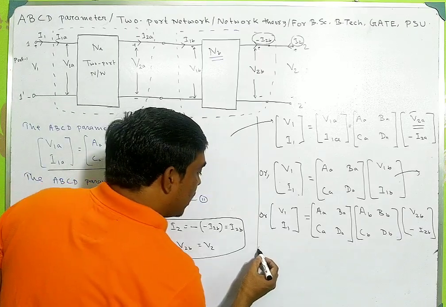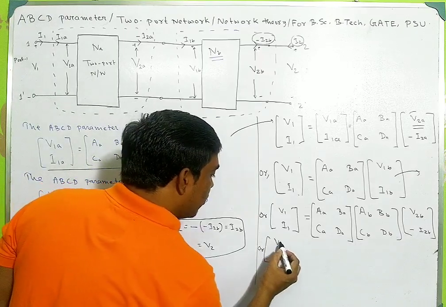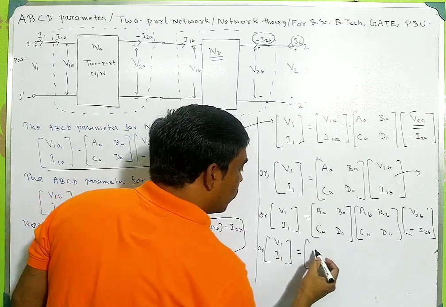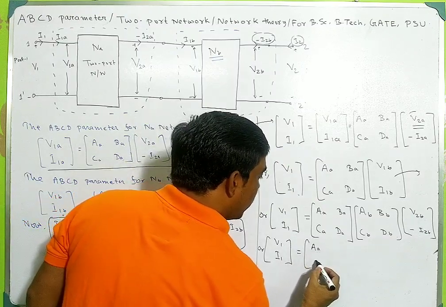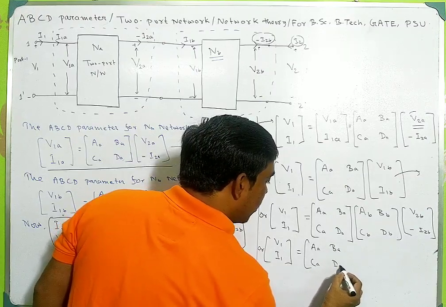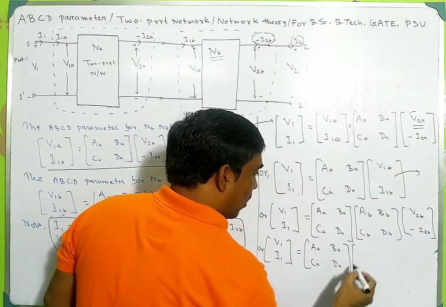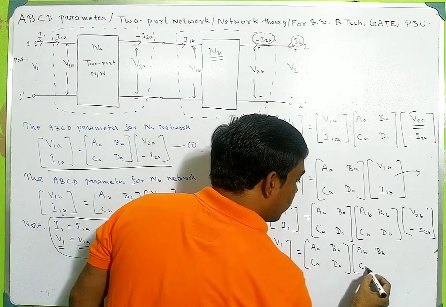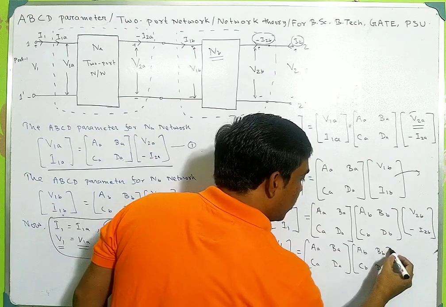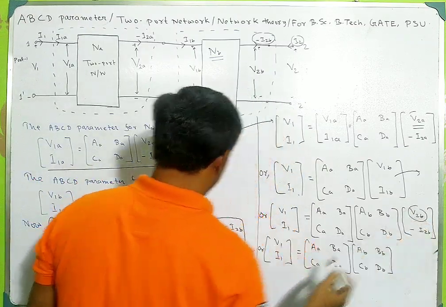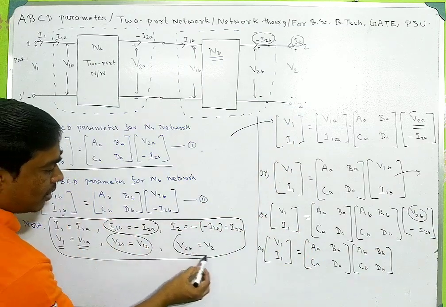So next we can write that V1, I1 equals AA, BA, CA, DA multiplied by AB, BB, CB, DB, and now this is V2B, and V2B is given by V2.